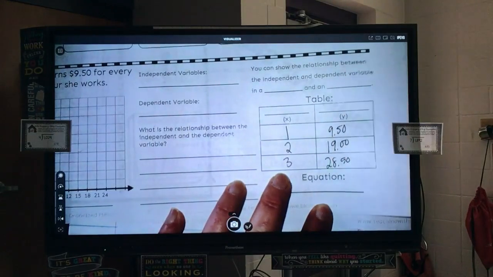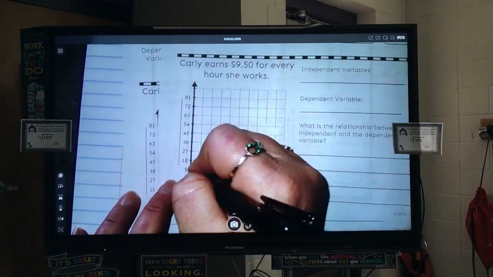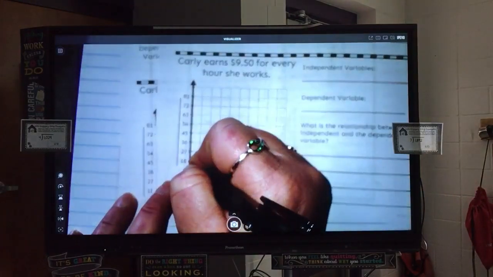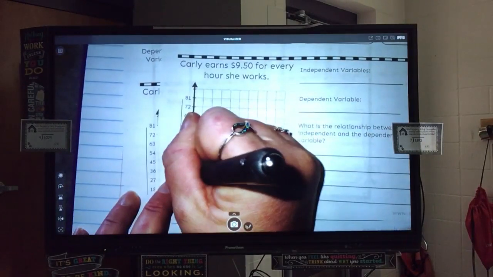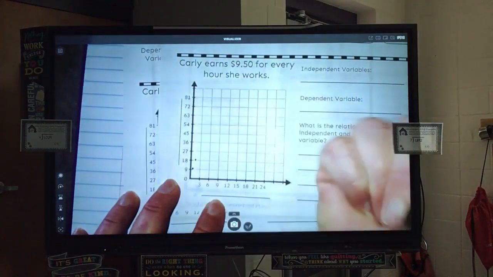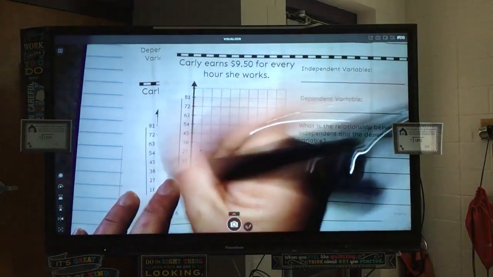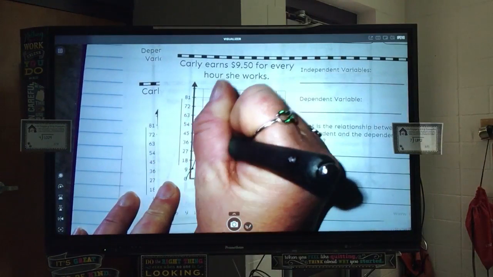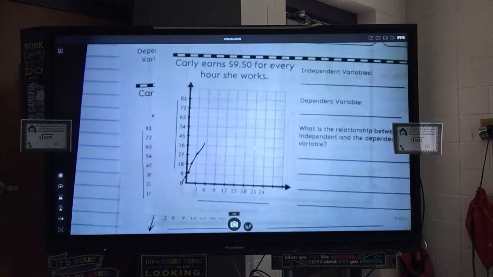So if you're going to graph this over here, 1 is over here, 950 is right there. 2 is right in the middle, 19 is right there, and then 3 and 28 is about there. So you have a much smaller graph to work with, but you should be able to see that it is in a straight line.